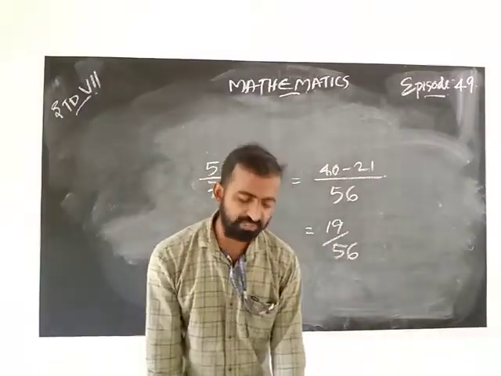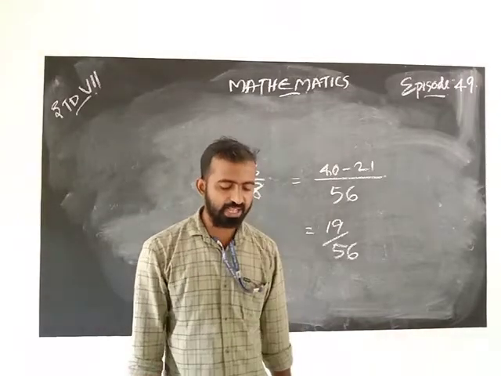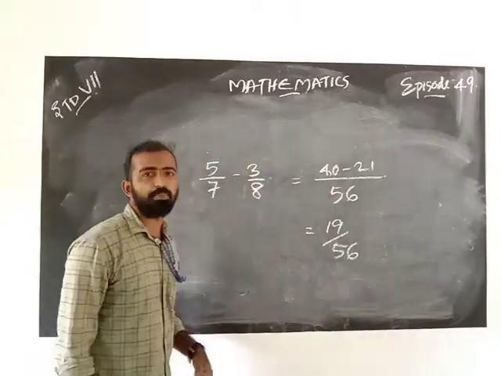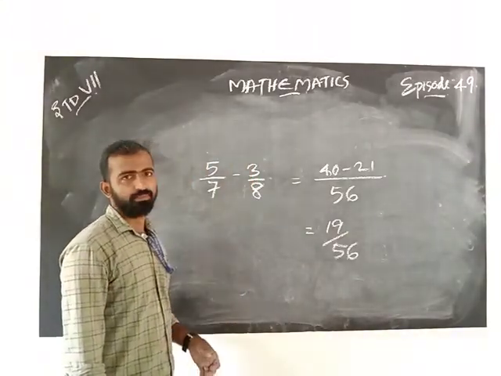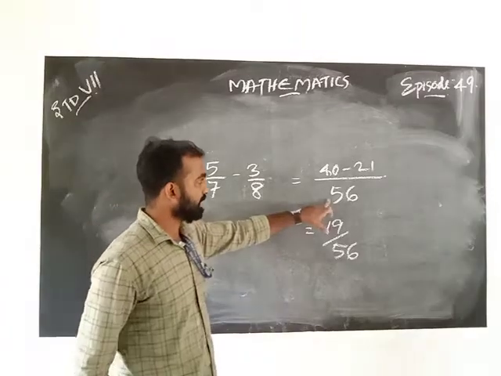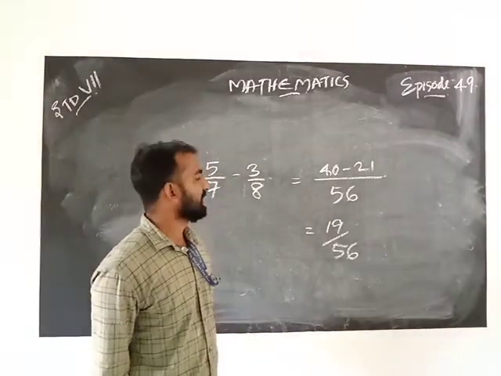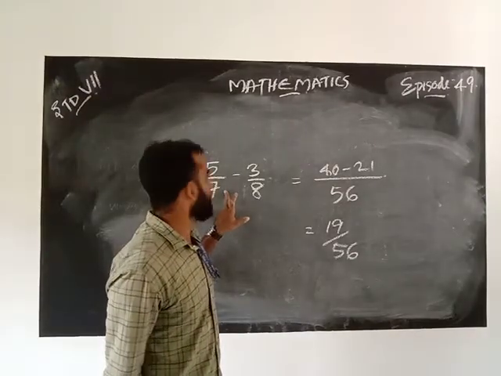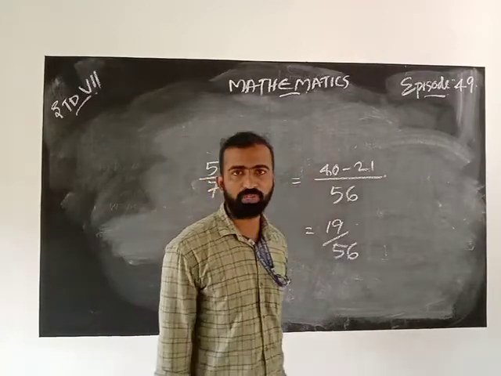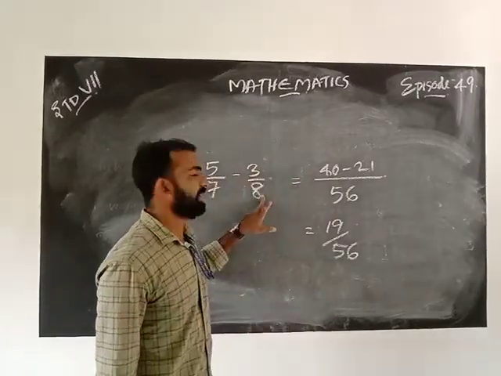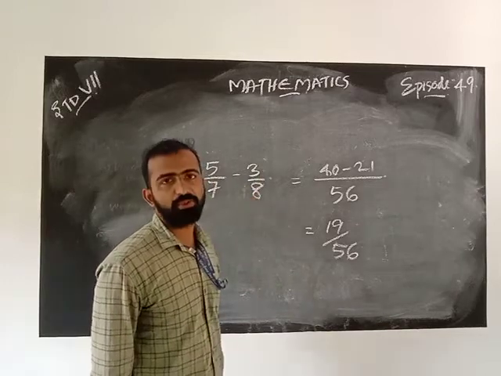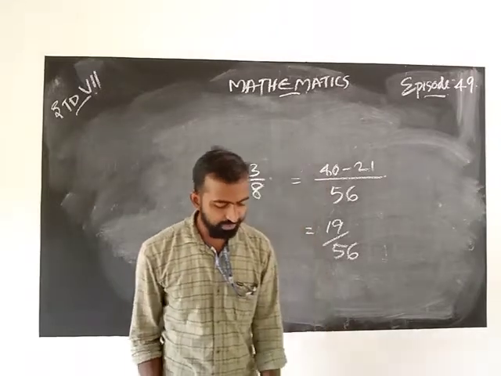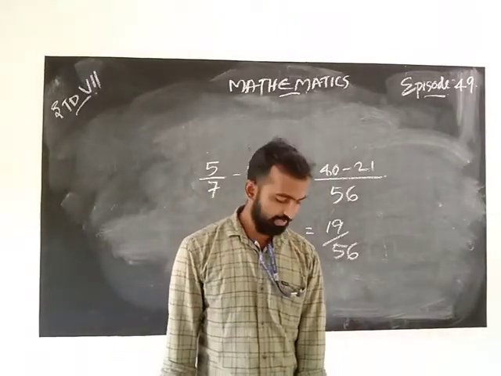Which way did Savida find it? Savida takes the LCM of 7 and 8, and she gets 56. 7 into 8 is 56. So 5 into 8 gets 40. 8 into 7 is 56. 3 into 7 is 21. Then the answer is 19 by 56.